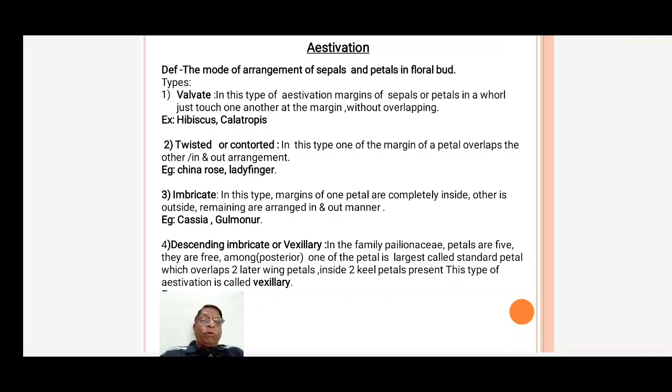One of the posterior petals is biggest or largest, and it is called the standard petal. The two margins of the standard petal overlap the two wing petals.